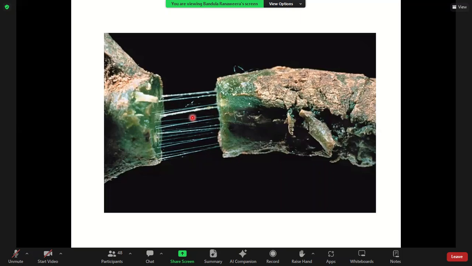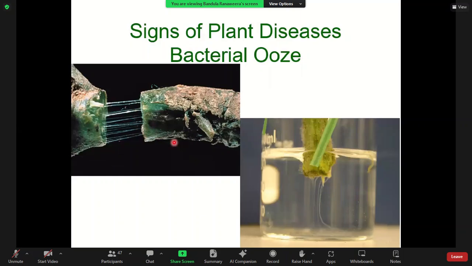So those are ooze structures of the pathogen. This ooze, the gummy-like exudate, contains the destroyed cell mass of the host plant and some bacteria. So we name that as bacterial ooze.